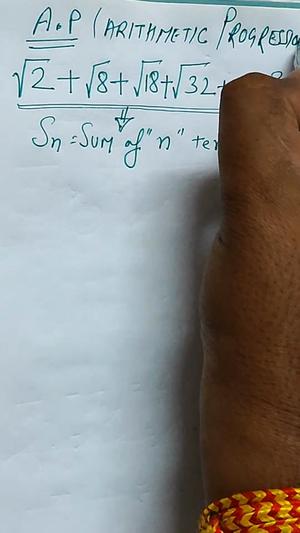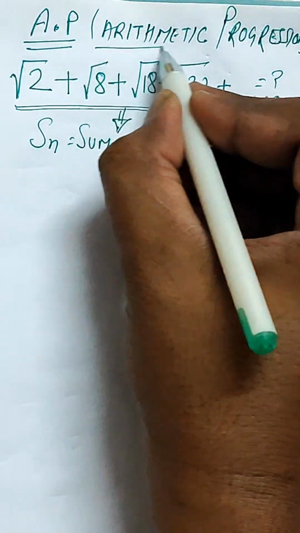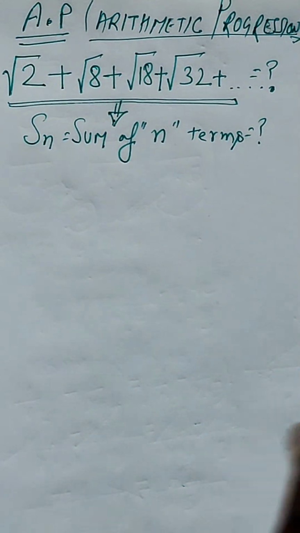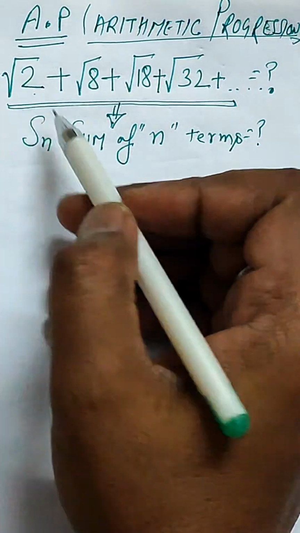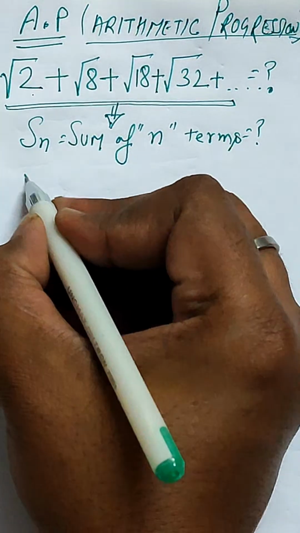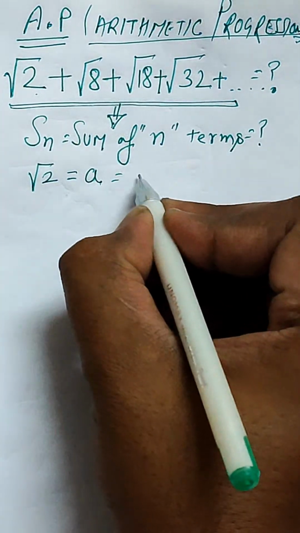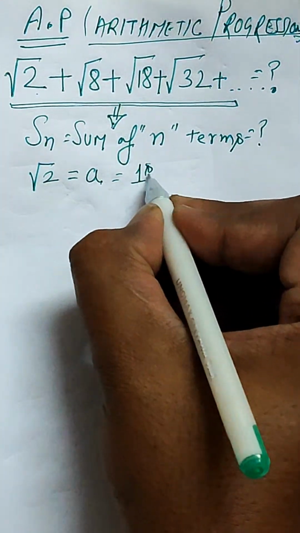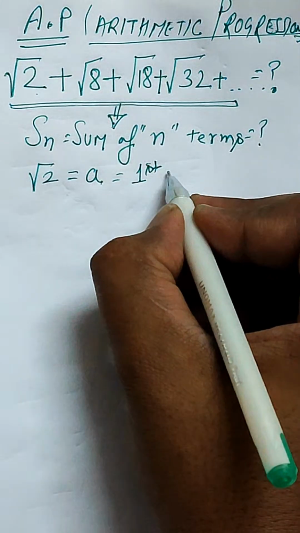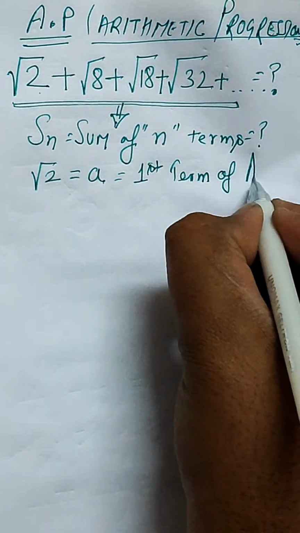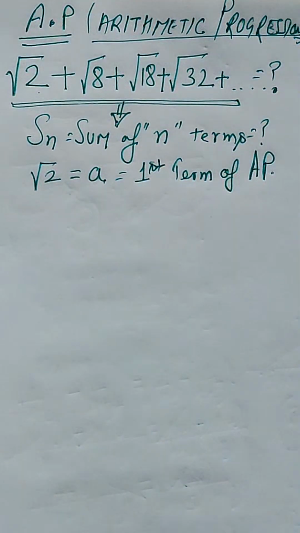Now here, if root 2 is the first term of AP, then it will be written as A, which is equal to the first term of AP, right?